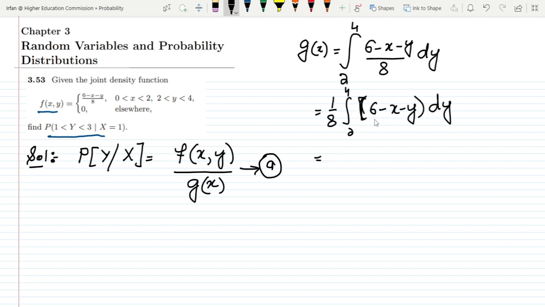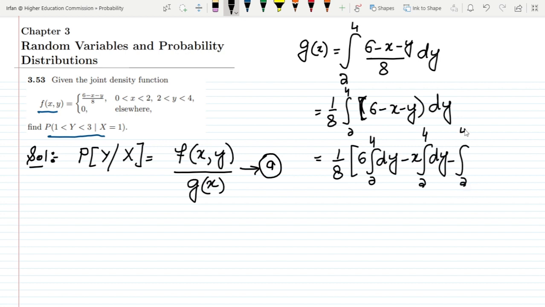In order to solve it linearly, 6 will be outside, the integral from 2 to 4 of dy; also minus x will be constant for y, so it will be y from 2 to 4; while for this y I will have the integral from 2 to 4 of y dy.